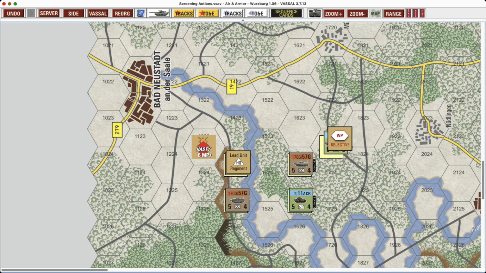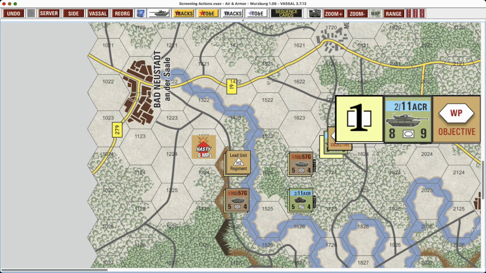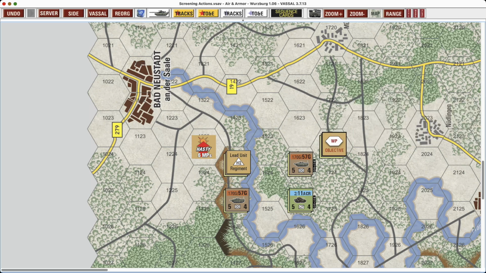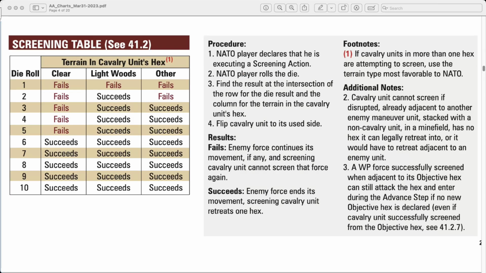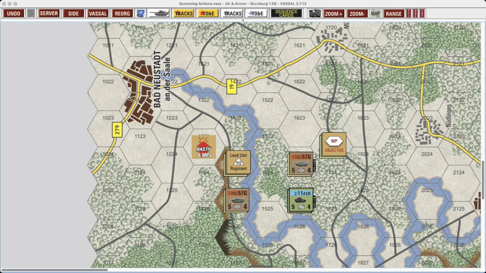So if he chooses to conduct a screening action with both units, then whatever happens is going to happen to both units. Now, one of these units is in light woods and one of these units is in heavy woods. The rules enable the NATO player to always use the best terrain. So if he elects to screen with both of these units, he would consult the screening table and he would see that the light woods are his best option because the screening action will succeed on any roll but a 1, and so he can use that column for the screening die roll.